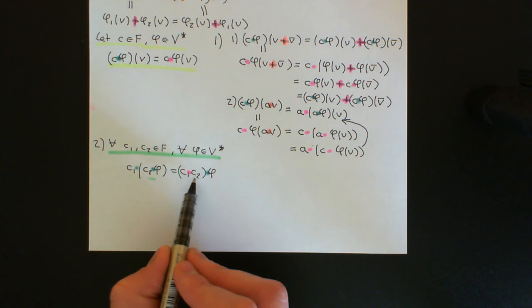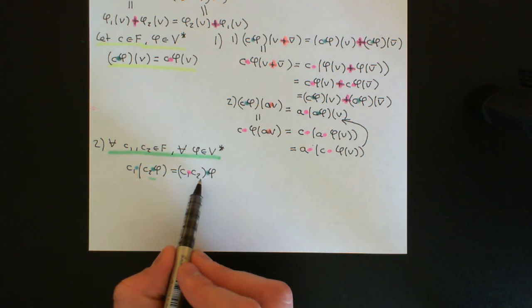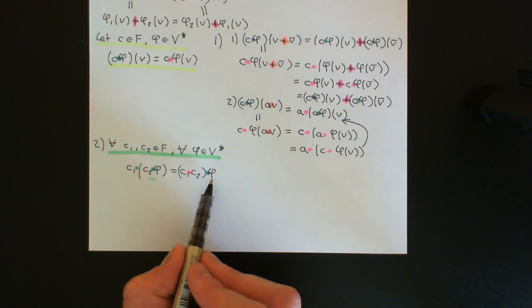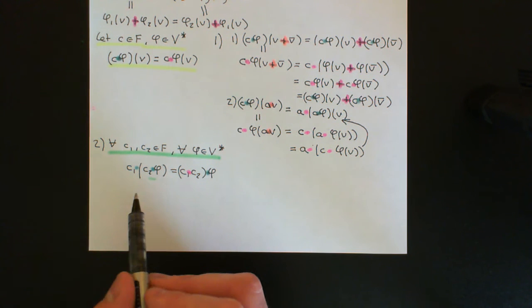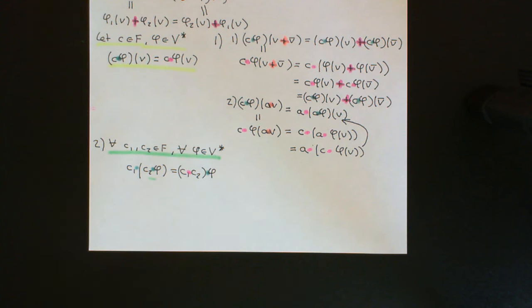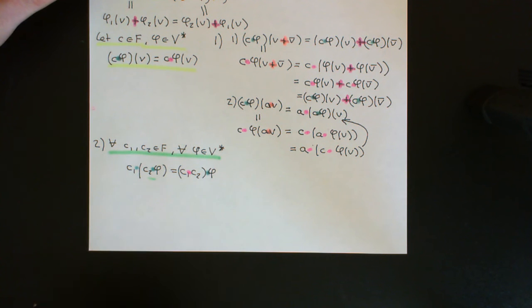Or you can firstly multiply C1 and C2 together in the field, get some other scalar in the field, and then scalar multiply that with phi. And the answer needs to be the same, basically. Do it either way, and we want to get the same answer. Okay, so this is the associative law, the associativity of scalar multiplication with field multiplication here.